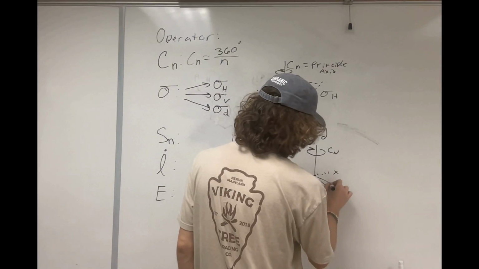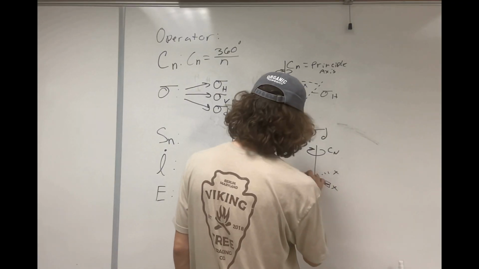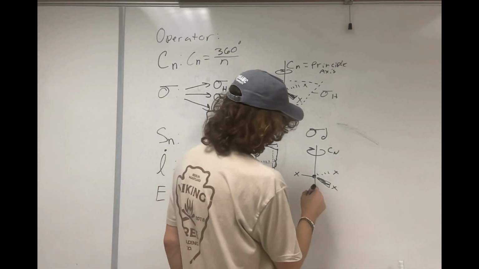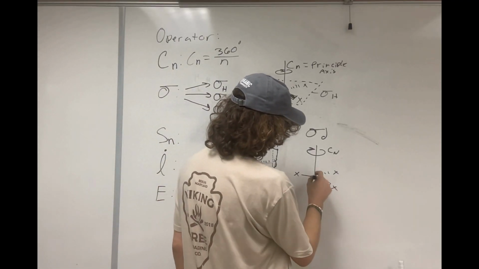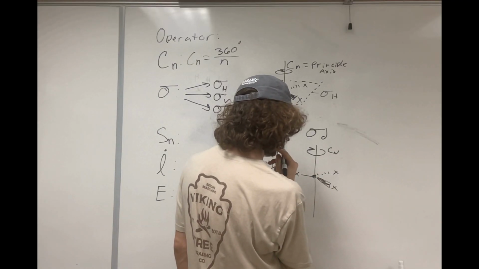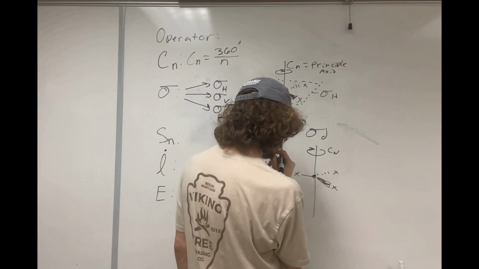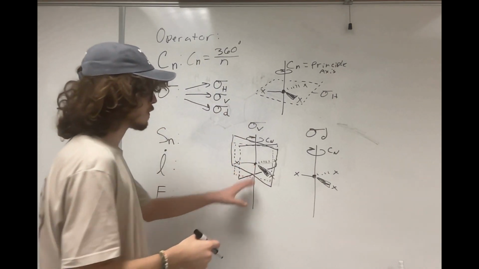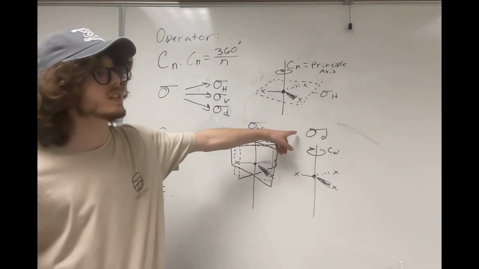We have our ligands or our atoms, whatever we're focusing on. But now we have planes of symmetry in between. Could we have those here? I'm trying to think. No, you couldn't do that. So for a trigonal planar one, you can't have a sigma d.